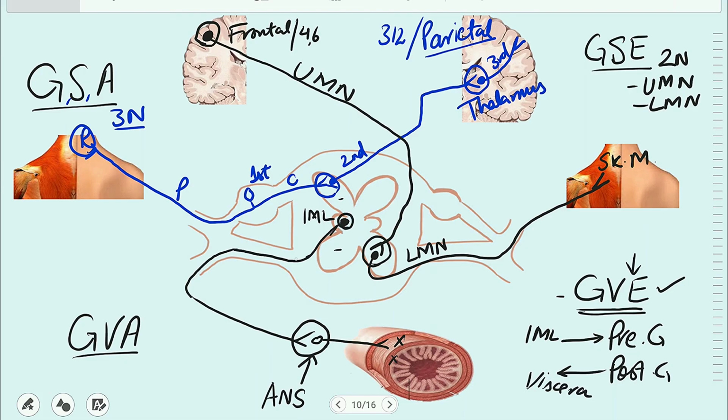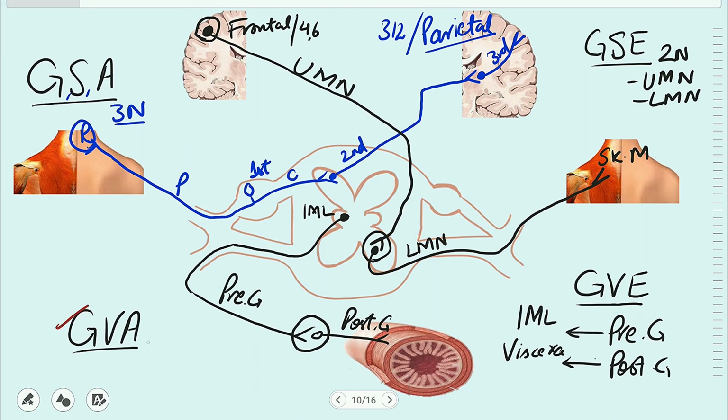From here it will come out through the ventral root and then through the ventral ramus. It will come out and synapse with the second neuron, that is the postganglionic neuron. This is a true ganglia, and the postganglionic neuron will reach the destination, that is the smooth muscle, gland, or the cardiac muscle. So this is the preganglionic neuron and this is the postganglionic neuron.